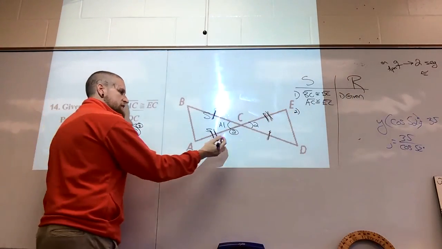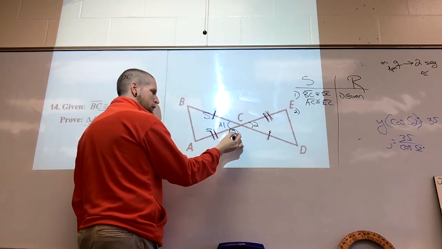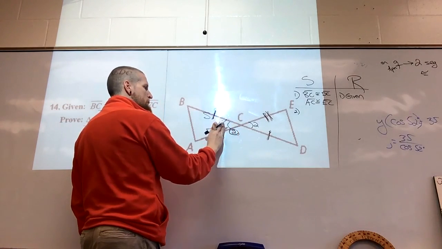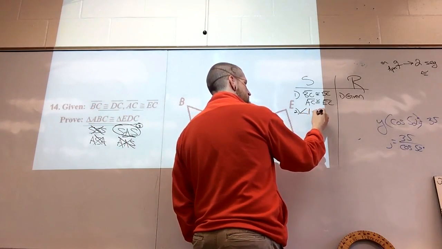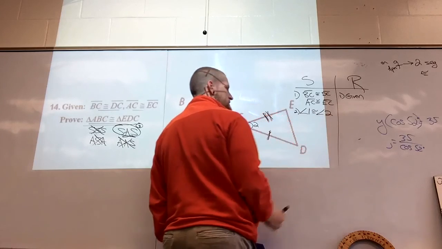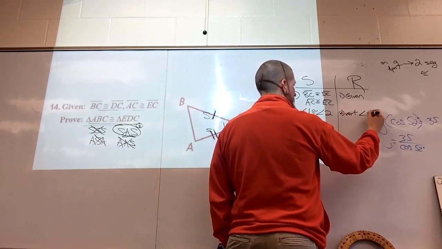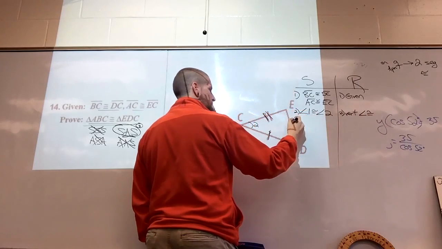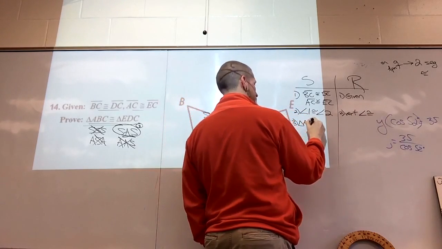Second thing I did, again, the point of having this on the picture is for me to go back and look and go, oh yeah, that was step 2, me saying the vertical angles were congruent. So since I put numbers by the angles, I can just do 1 and 2. That's vertical angles are congruent. And then third thing was the 2 triangles are congruent, and you're done.